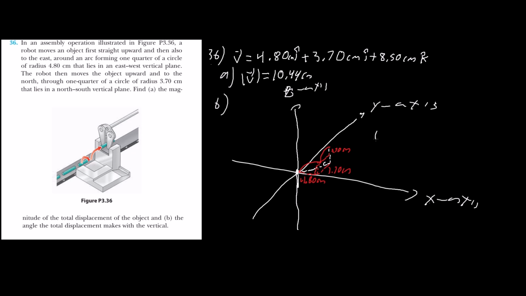So the radius is going to be the square root of 4.80 squared plus 3.70 squared centimeters, and the height here is going to be 8.50 centimeters. The reason I'm writing this down is so I can organize it, so I can take the tan inverse of that value, so I can get that angle right there that they're asking.